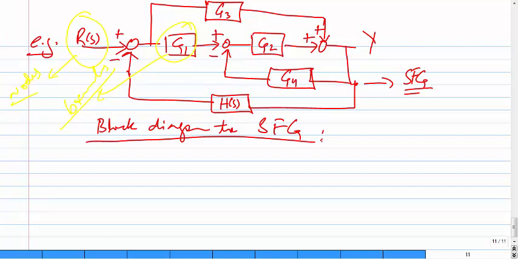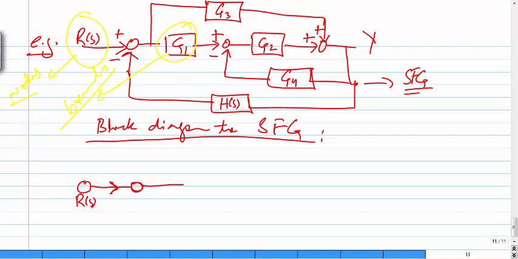So for that case, assume that this is a node, call it R of S, because this is a branch. After that, we have another node. Okay, so this is the node here, this one.